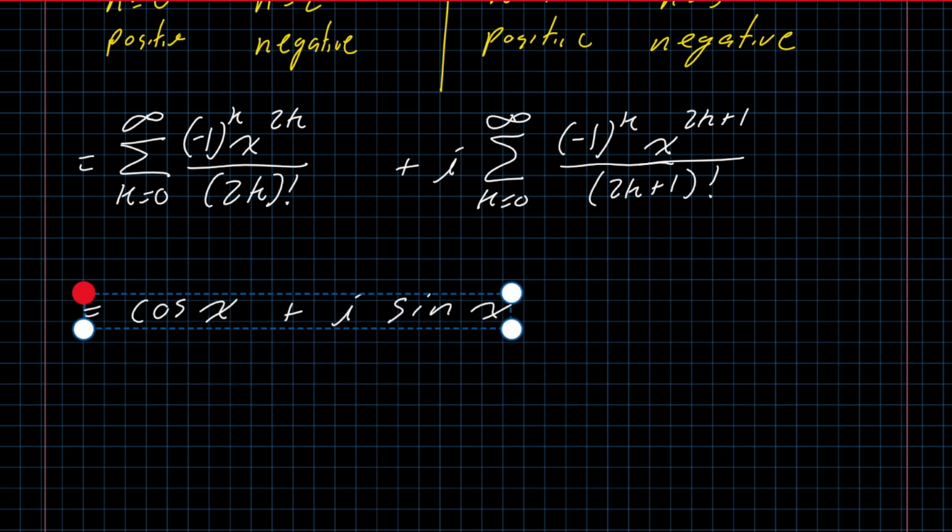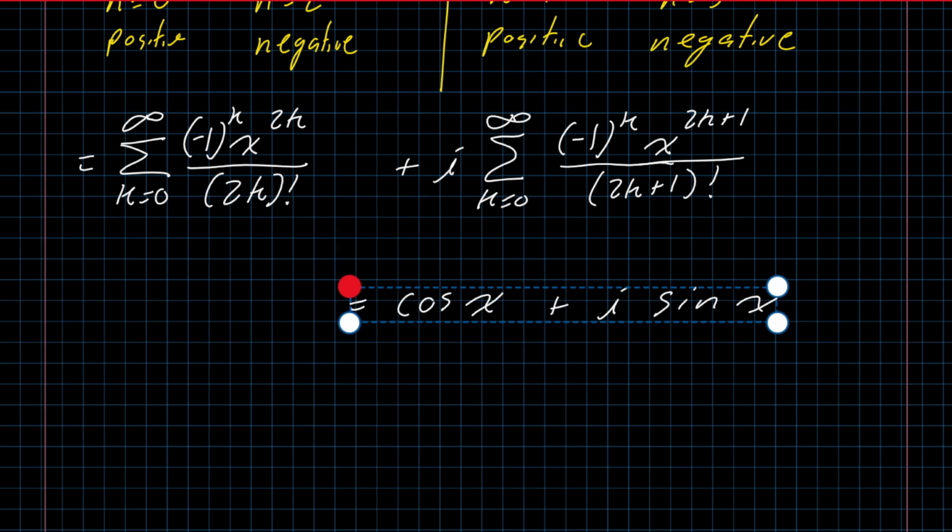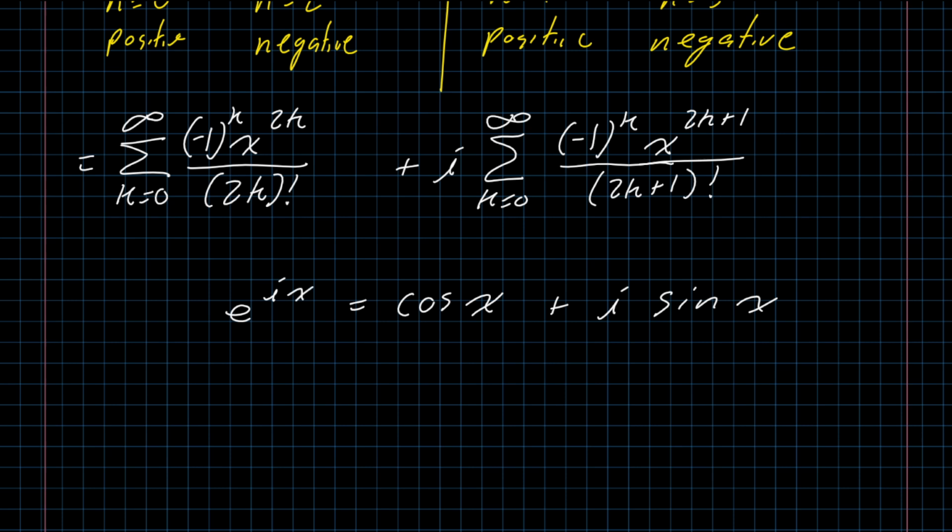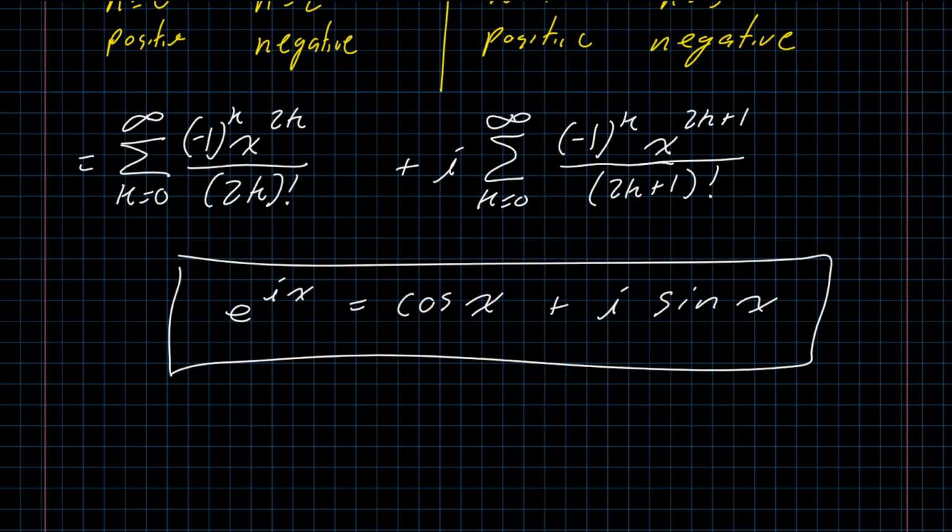Let's bring back the original left-hand side. e to the ix equals cosine of x plus i times the sine of x. This is Euler's formula. This is the complex definition of the exponential function.